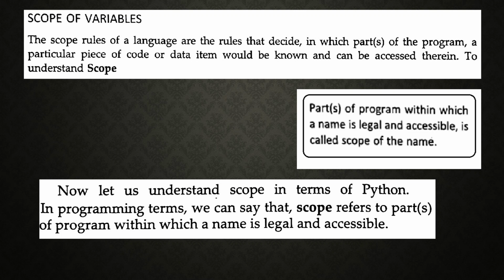That indicates the durability of a variable: when it is initialized, when it is accessed, when it is used by the user. Okay, these are about scope of variables. Now let us understand scope in terms of Python. In programming terms, scope refers to parts of a program within which a name is legal and accessible.